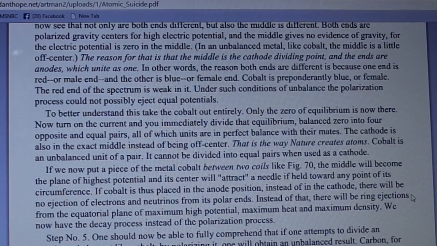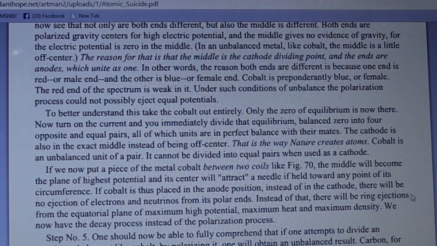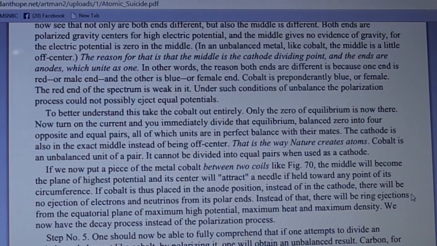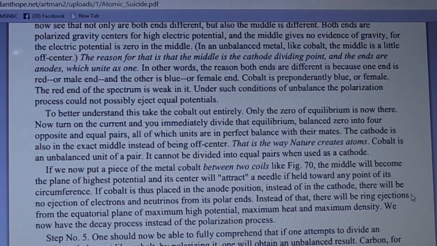If we now put a piece of the metal cobalt between two coils, like Figure 70, the middle will become the plane of highest potential, and its center will attract a needle if held toward any point of its circumference. If cobalt is thus placed in the anode position instead of the cathode, there will be no ejections of electrons and neutrinos from its polar ends.